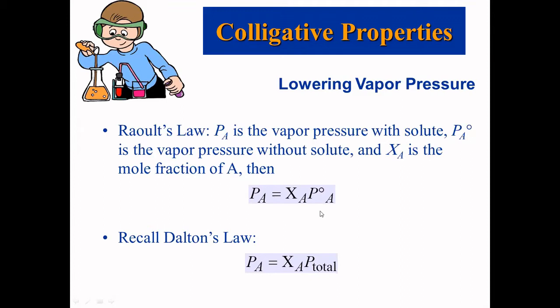Now, recalling what you have learned in the past regarding mole fraction and its relationship to partial pressures and total pressure, using Dalton's law of partial pressure, the partial pressure of a gas component in a mixture of gases is its mole fraction times the total pressure of your system.